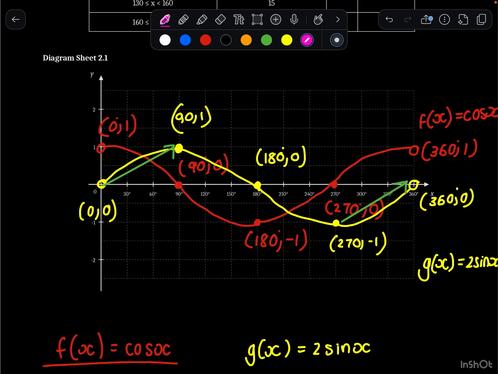So here, all the way to 90. That 90 is included. Then it's also here from 270 to 360. Okay, so again, 0 to 90 and 270 to 360.